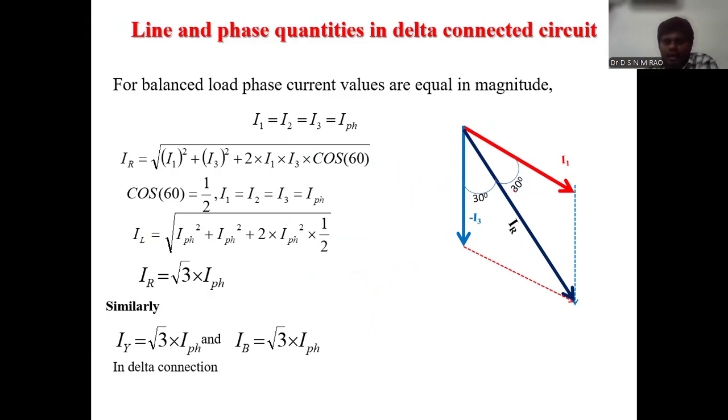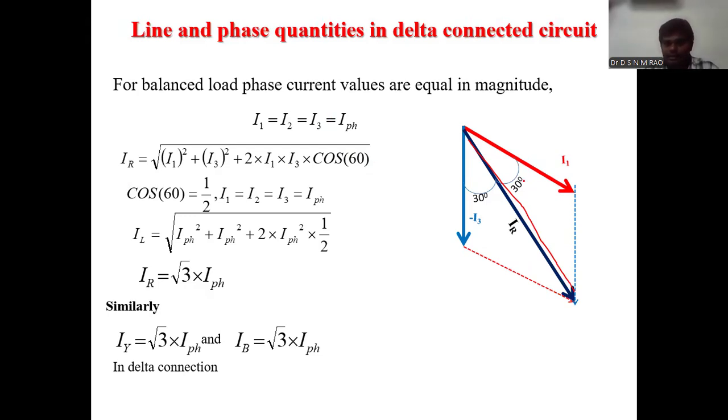For a balanced system, all three phase currents are equal: I1, I2, I3 equal I phase. Similarly, I will apply the parallelogram law for vector addition. So IR, the line current, equals the square root of a square plus b square plus 2ab cos theta, the actual formula.